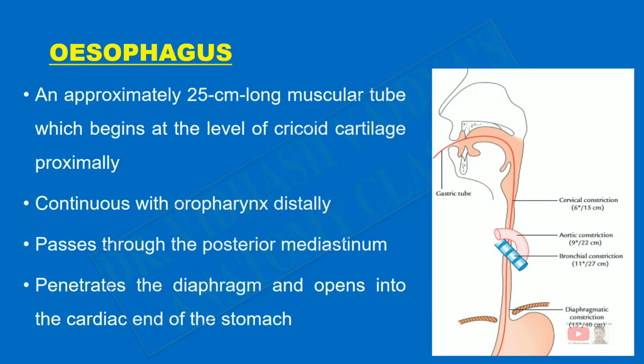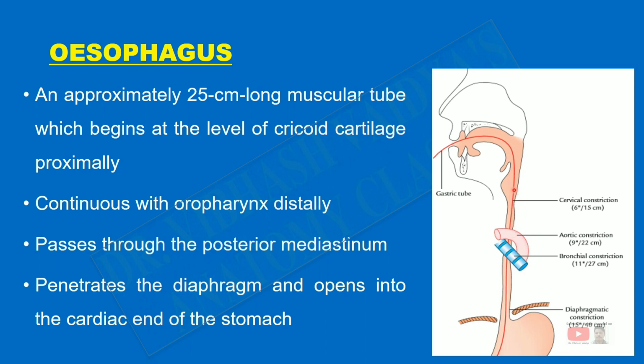So students, as we have already discussed, the esophagus is also known as the food pipe and it is an approximately 25 cm long muscular tube.